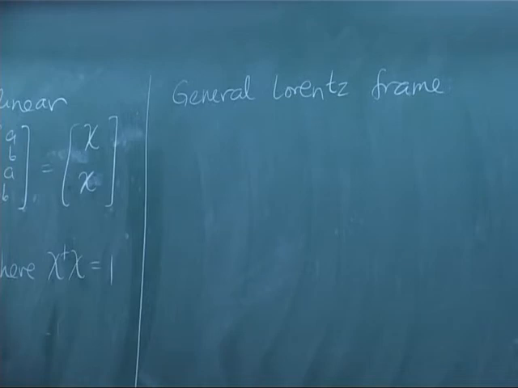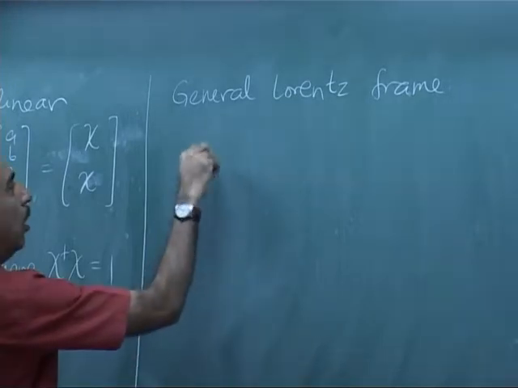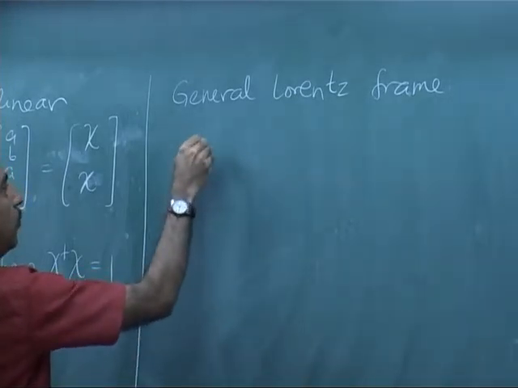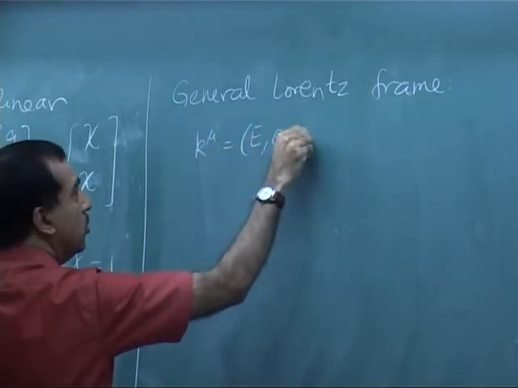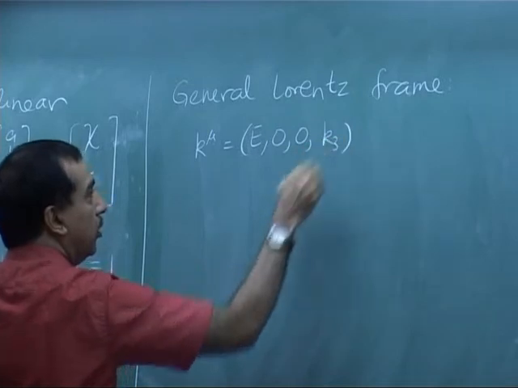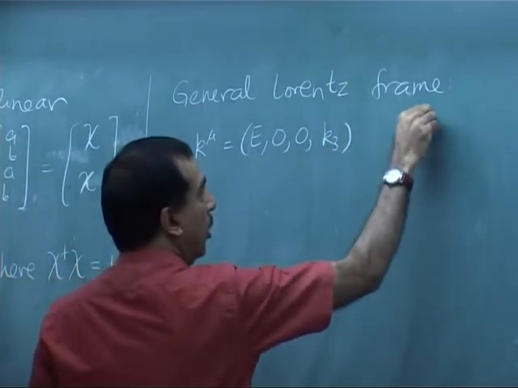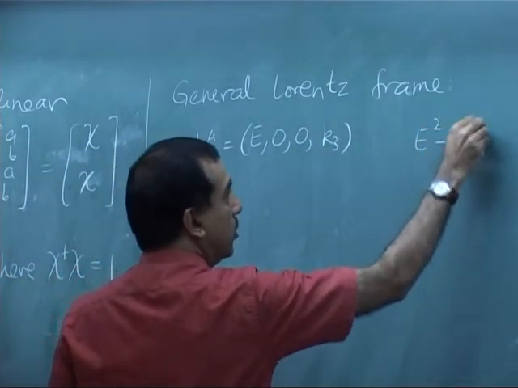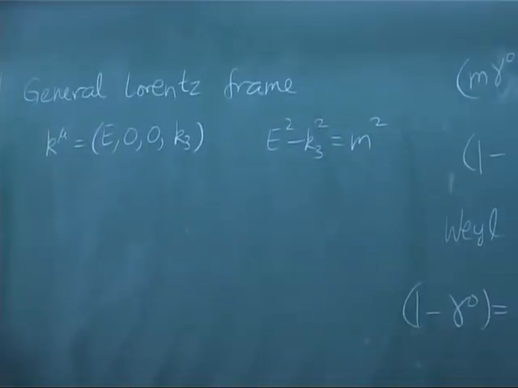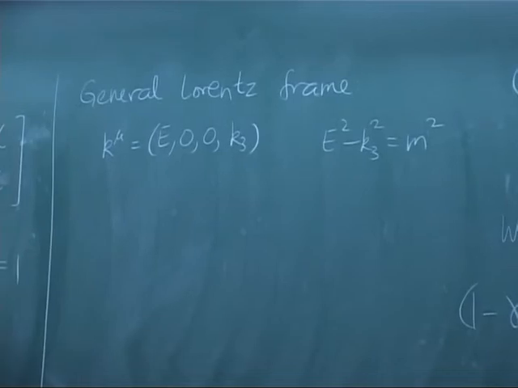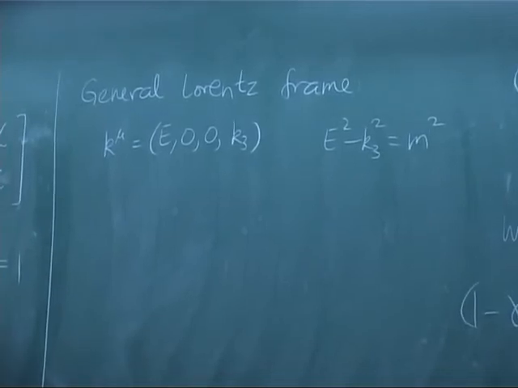So for that, you need to pick k mu equals E, 0, 0, k3 with E squared minus k3 squared equals m squared. A general Lorentz frame can still be such that the momentum is taken along the z-axis, just by rotation.